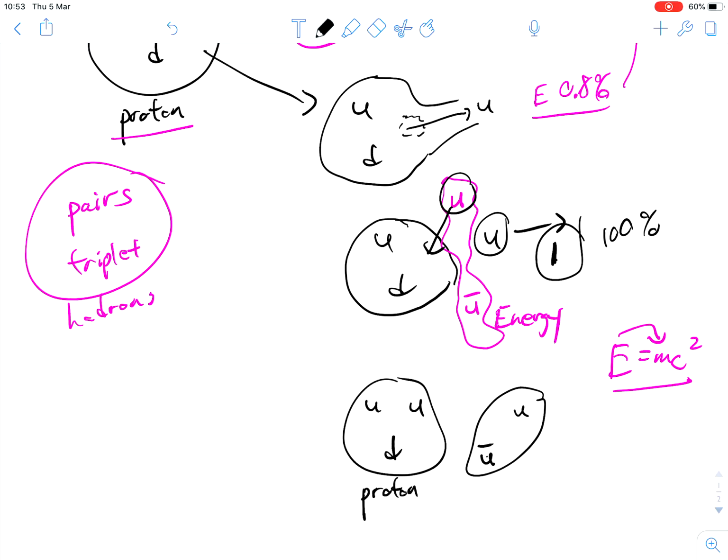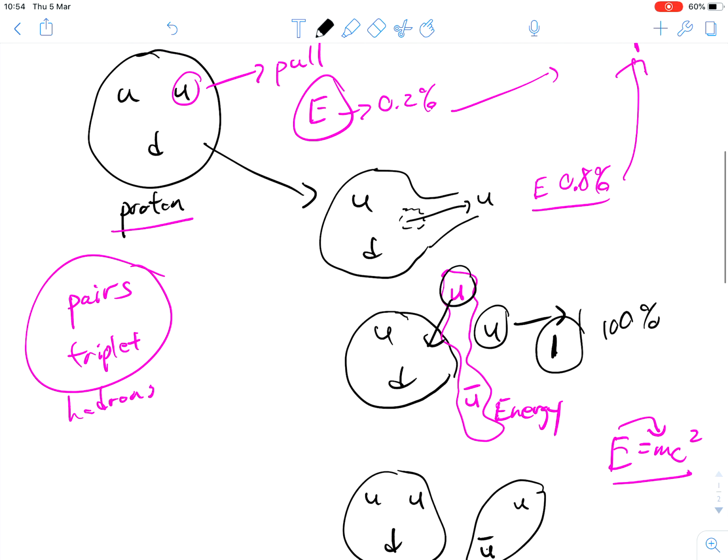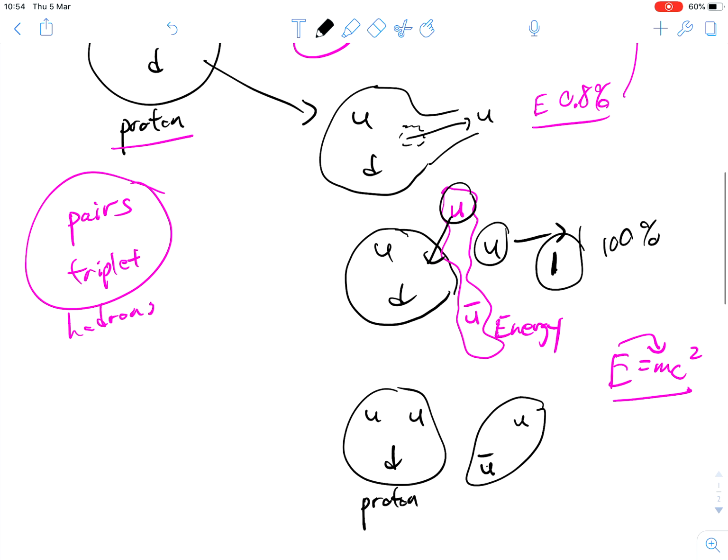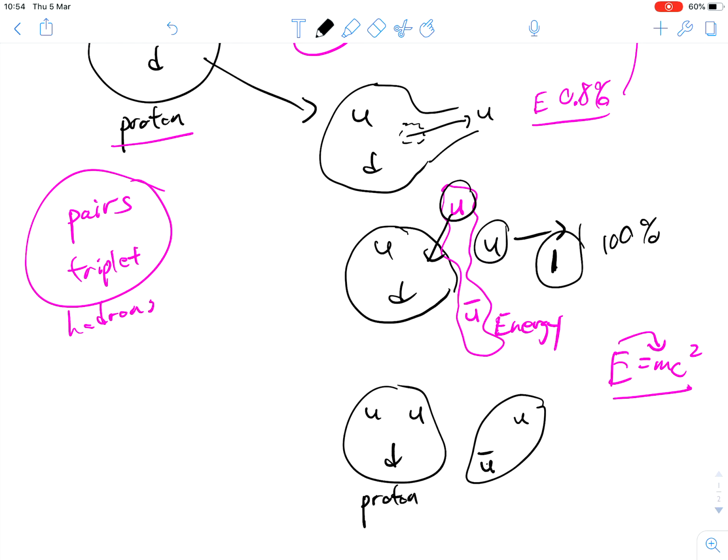Because we've exerted so much energy, we've created new quarks, new particles, and that's the idea of confinement: in order to overcome that strong nuclear force, the amount of energy we're generating would be enough to generate new particles. And so that's the idea of confinement.